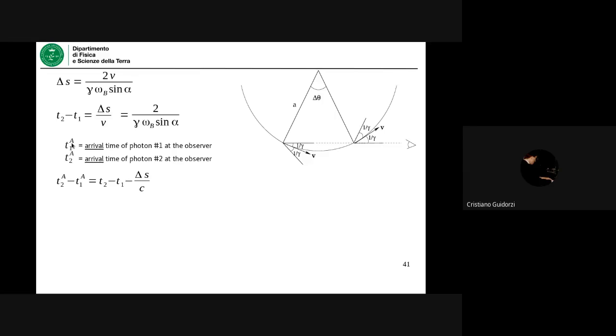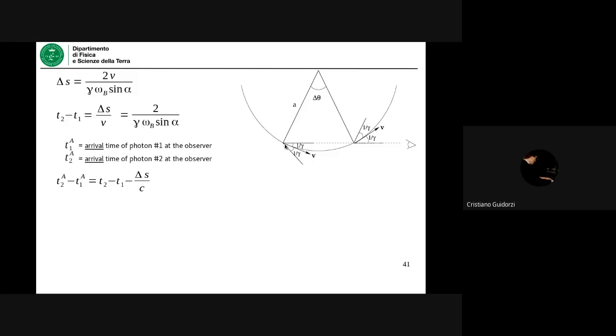Now, let's work out the difference between the arrival times. It's exactly the same as the difference between the two emission times, minus what? You have to remove the time it takes for a photon to travel delta S. Delta S, I remind you, is the path that one photon has to travel but that does not have to be traveled by the second one. The second one takes advantage of the fact that when it is emitted, it already has a bonus: it has a shorter path. And how much shorter?